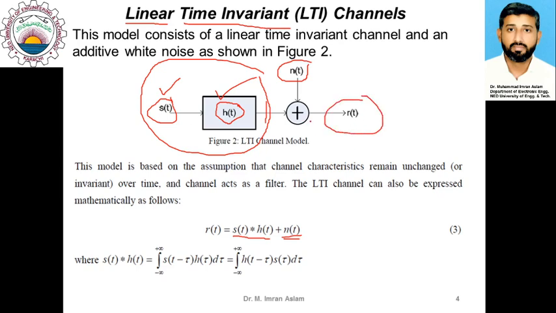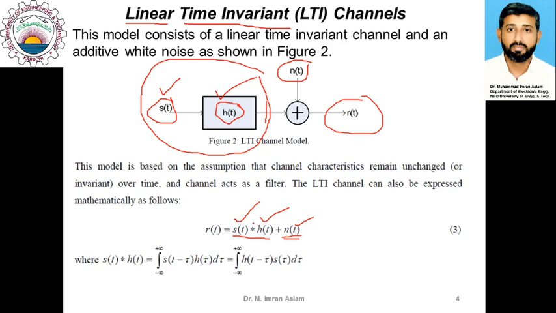So basically the received signal is dependent on the input signal, the impulse response of the channel, and the noise which is added to the system. As I mentioned, the noise is also random, and in certain cases h(t) is also random. In that case the overall received signal would also be random.